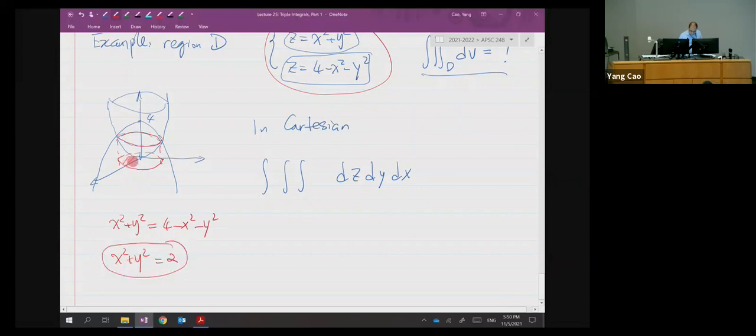So this shadow here is the circle. Okay, that's the projected circle. And we'll use this circle for whatever purpose we need. So I'm going to stop here, and we can look at the difference between Cartesian coordinates and cylindrical coordinates. And you will see the cylindrical coordinates are actually much easier to compute the result. Not necessarily in terms of finding the limits for the integral.